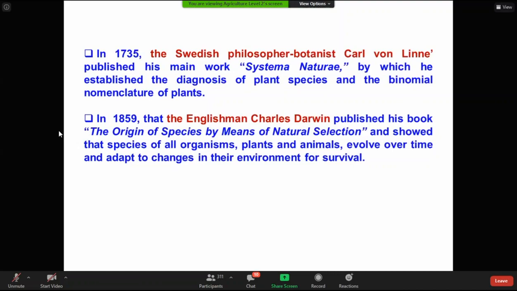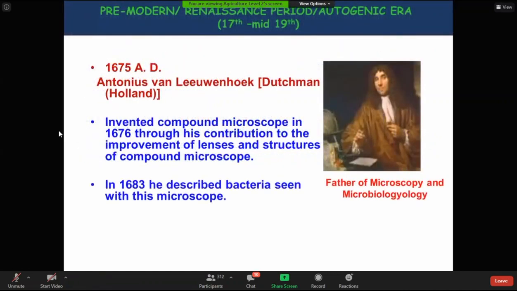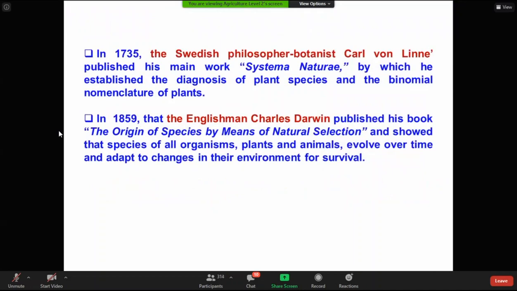In 1735, you see, 1683. Can you consider how many years? After 50 years. You can say more than 50 years later, this philosopher or botanist. And you see, 1859, after a long time, 1735 to 1859, how many years? 124 years later, right?